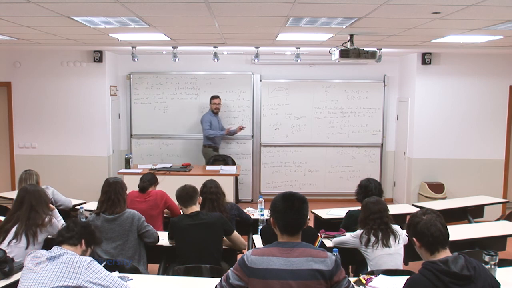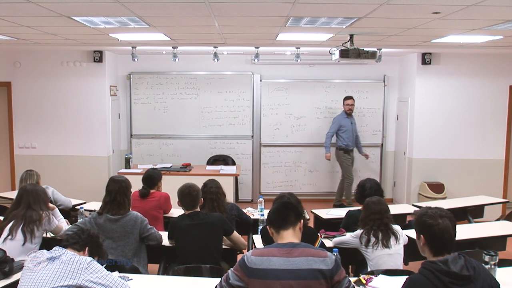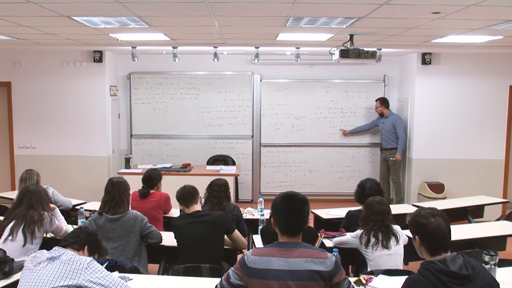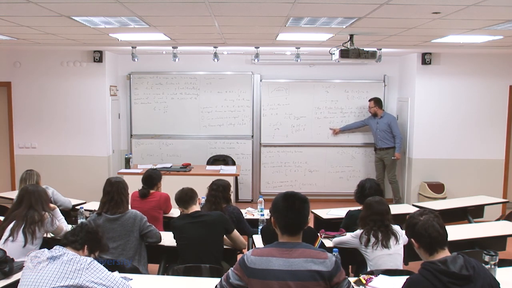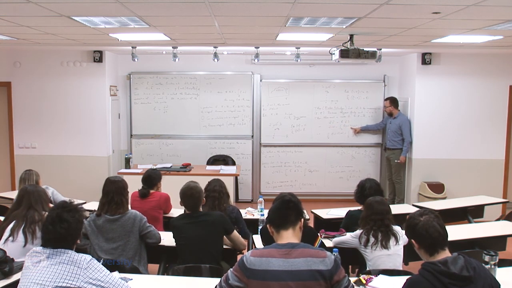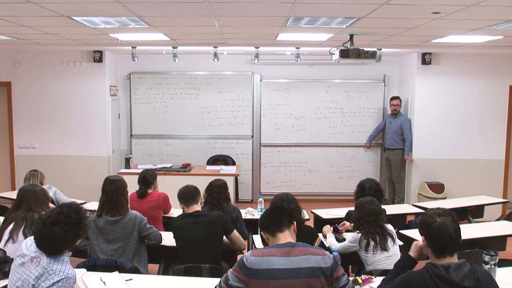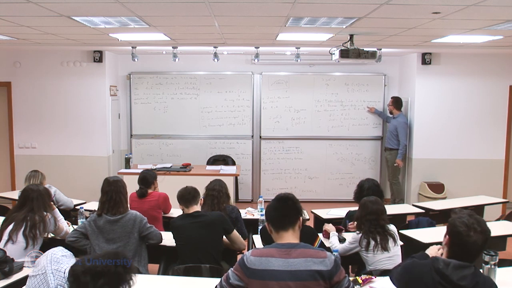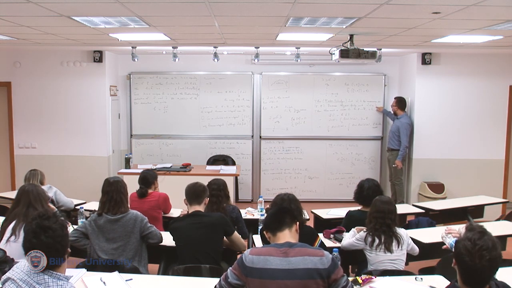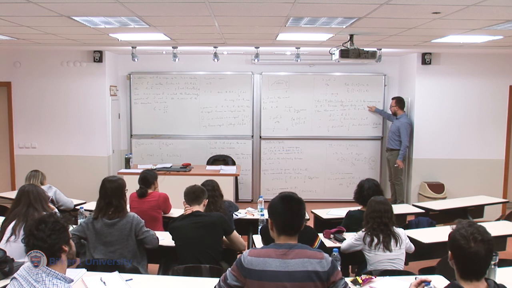In fact, just as a checkpoint, this representation of nu in terms of its derivative with respect to lambda does not violate absolute continuity. For instance, what does absolute continuity mean? Well, if lambda of a set is 0, then nu of the set must be 0.